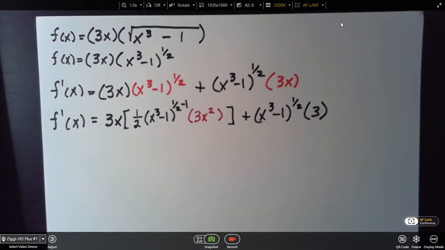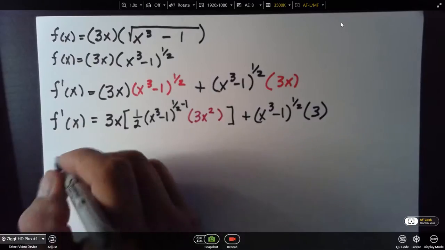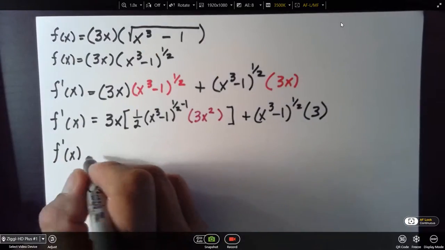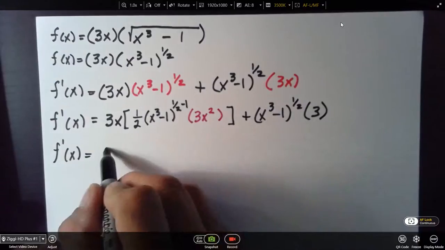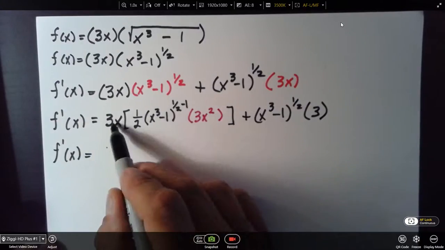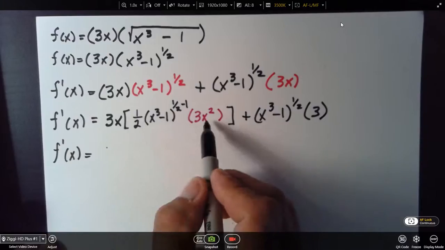So f prime of x is equal to 3x. Well, basically this 3x and this 3x look like they're going to go together.